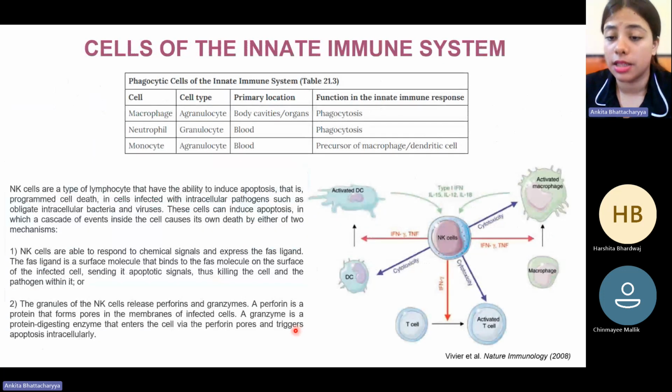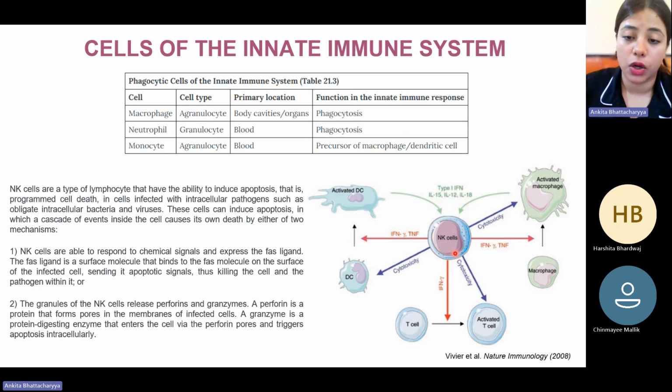Next, we came to the cells that actually participate in this context, and we understood the role of macrophages, neutrophils, and monocytes, and how they respond as part of the innate immune system. Majorly, a key role of the NK cells was understood in this context, how they have different roles to play depending upon what type of stimulus is present or is added in a particular condition.